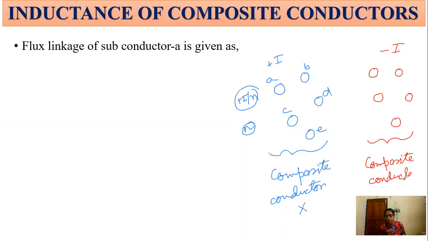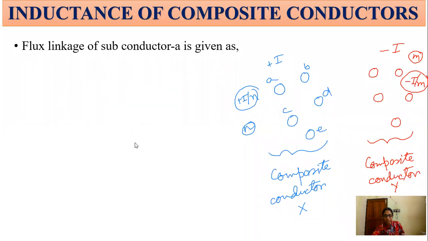If all the subconductors carry equal current, then the current flowing through these return strands will be minus I by m, because there are m number of strands.